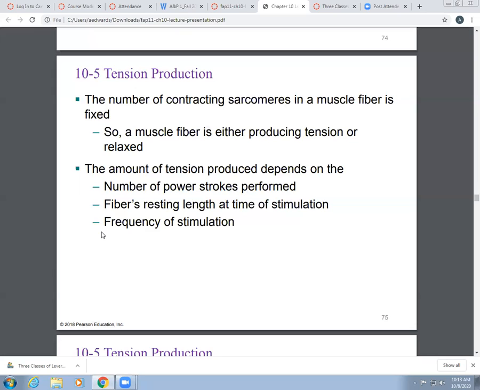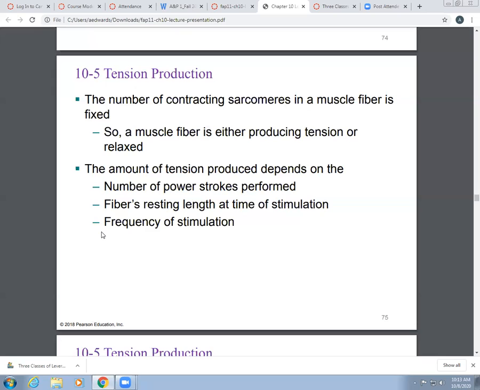So how much tension do you produce? Well, the muscle's tension is going to depend on how many power strokes, right? So how many times that myosin head moves, and the length of that fiber at the time it was stimulated. Because if it was completely relaxed, it has a lot of room to move.